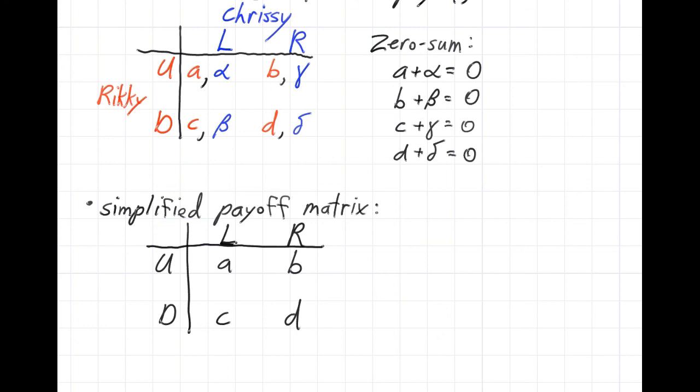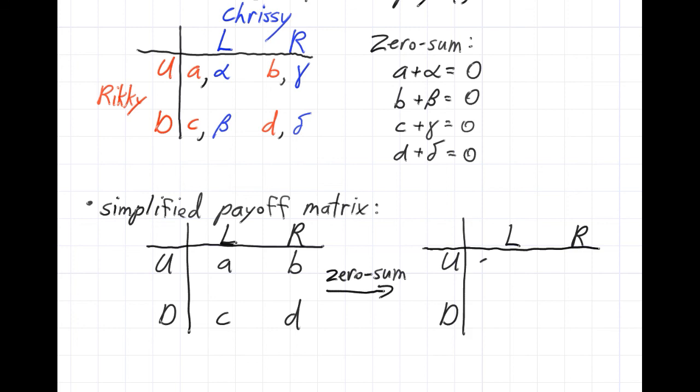So they tell you the payoff that the row player will get, that is playing U or D. And if this is a zero-sum game, then we can infer what the payoffs for the column player are. And we can build out the full payoff matrix.